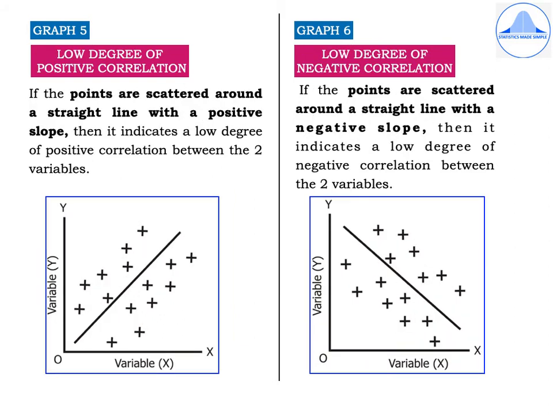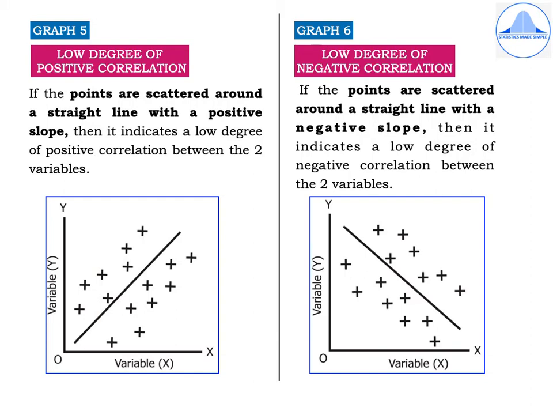Graph 5 indicates a low degree of positive correlation. So if the points are scattered around a straight line with a positive slope, then it indicates a low degree of positive correlation between the two variables. In graph 5, we have the values of the x variable on the x-axis and the values of the y variable on the y-axis.